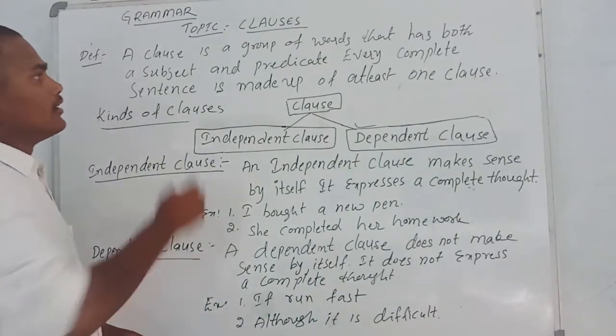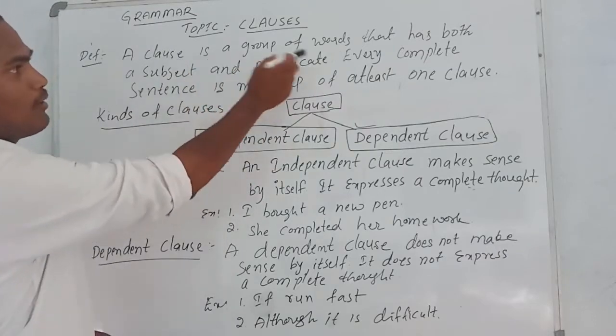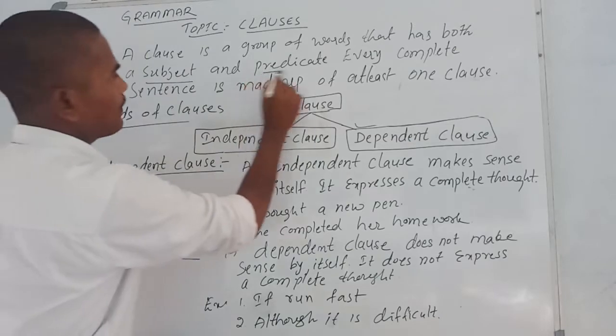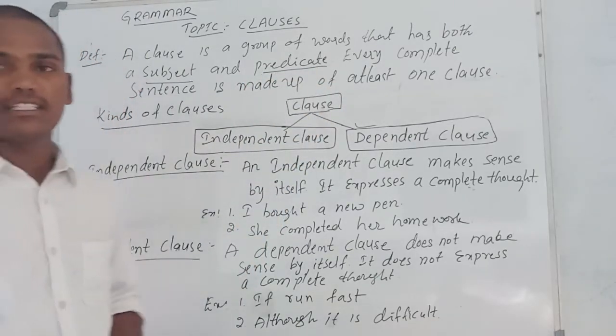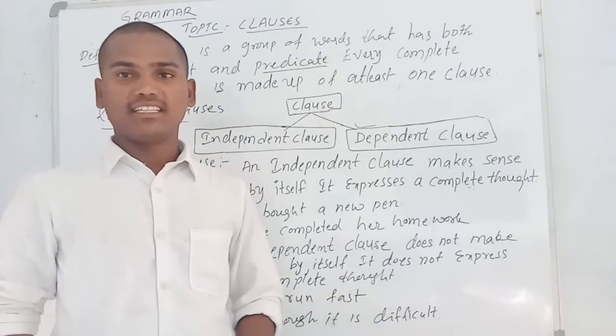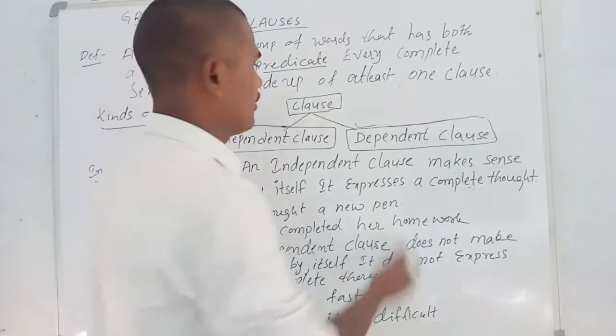A clause is a group of words that has both a subject and predicate. So what is subject and what is predicate? Of course, we discussed these two many times in our classroom in the previous year. Let me remind you with one example.